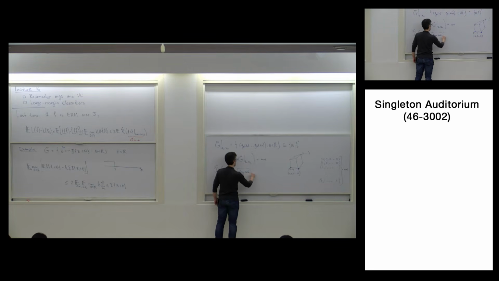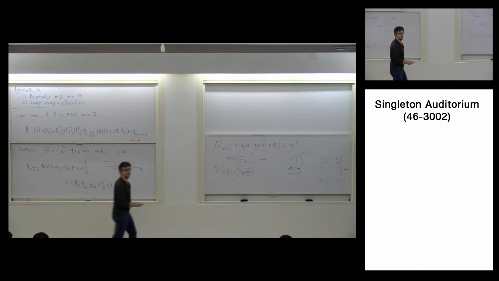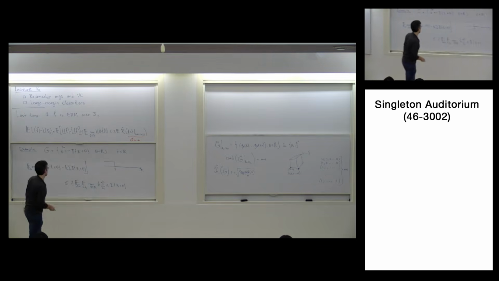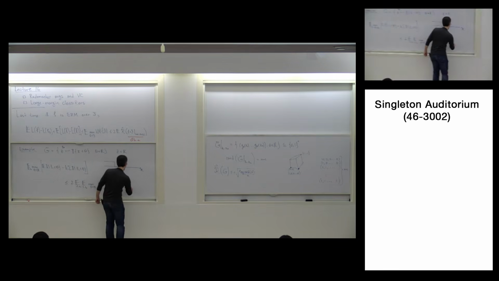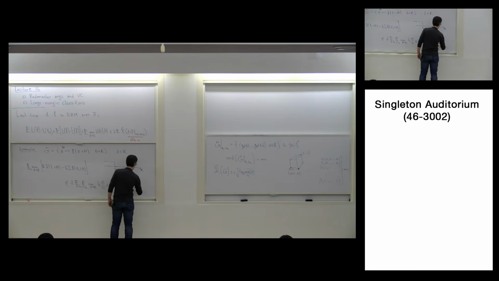Cardinality of the set G over n. So this is upper bounded by 2 times some constant times square root of log of n plus 1 over n.